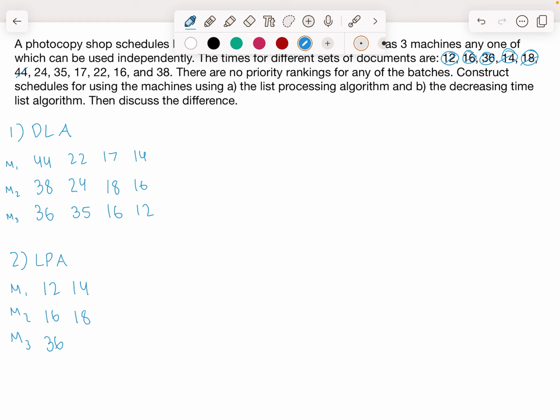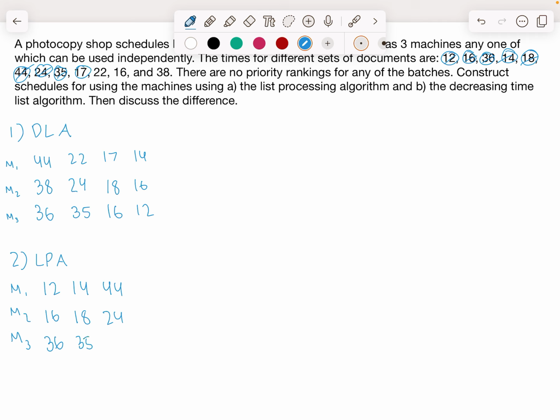And then we have 44, which is going to go to machine 1. And then 24, which is in machine 2. 35, which is in machine 3.